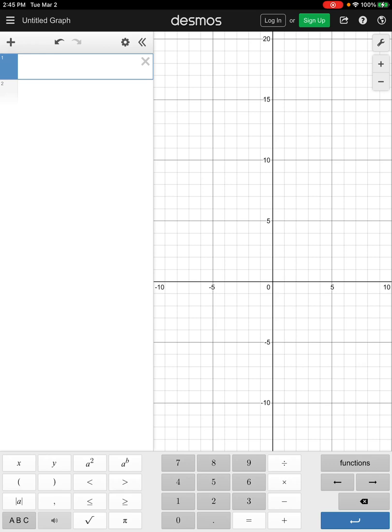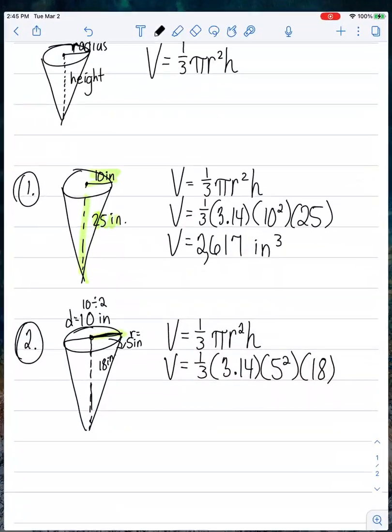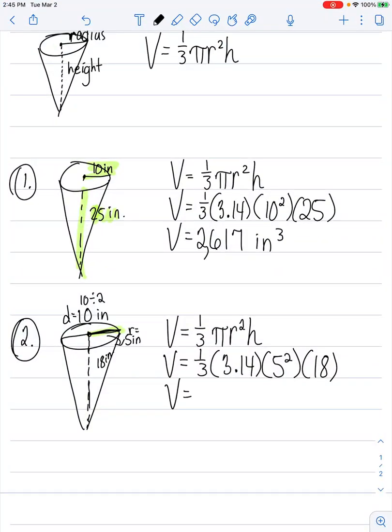So to get the 1/3, I do 1 divided by 3, hit your space key to come out, times pi is 3.14, times my radius squared, so 5 squared, times my height of 18, and you get, in this case, exactly 471. So my volume is 471 cubic inches.